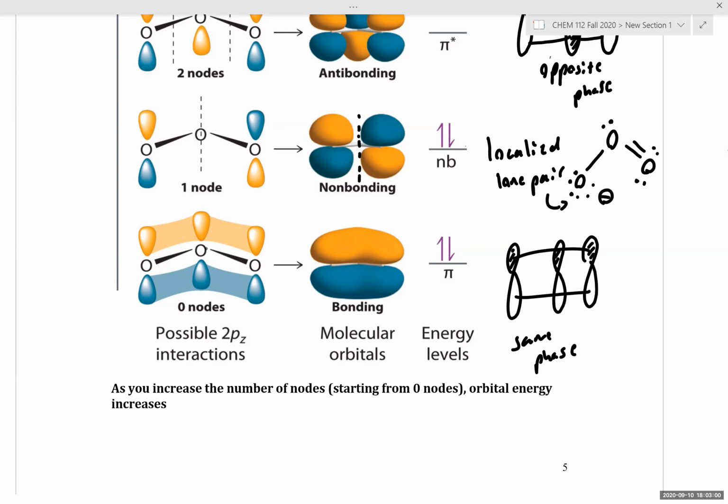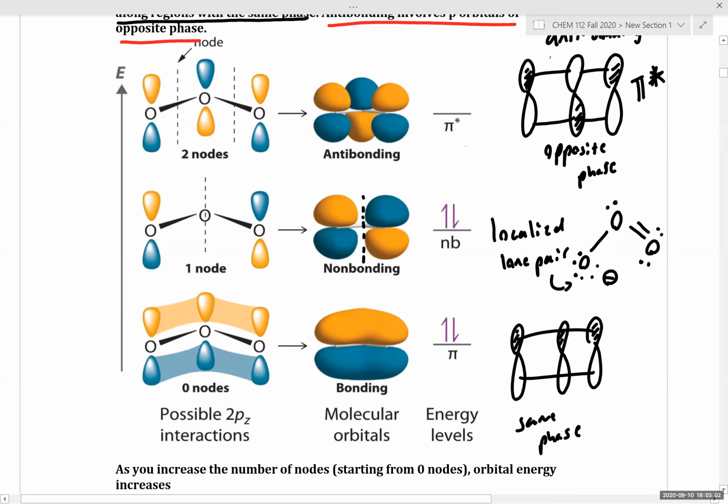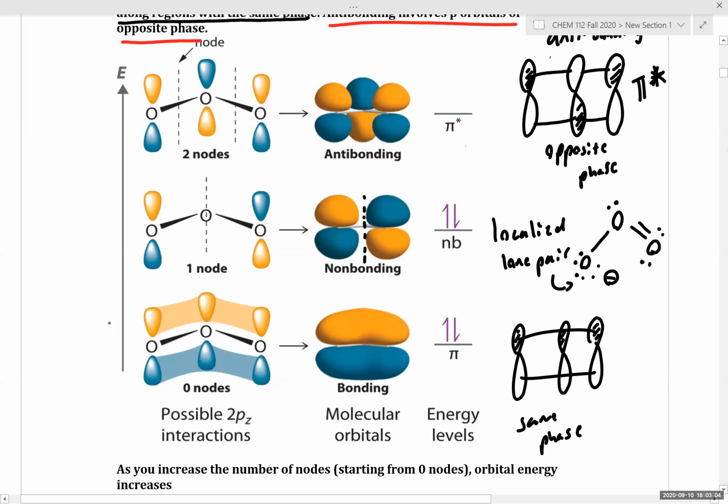So in general, as we move up from the lowest to the highest energy molecular orbital, our number of nodes increases. And as a result, we have less overlap between orbitals of the same phase.